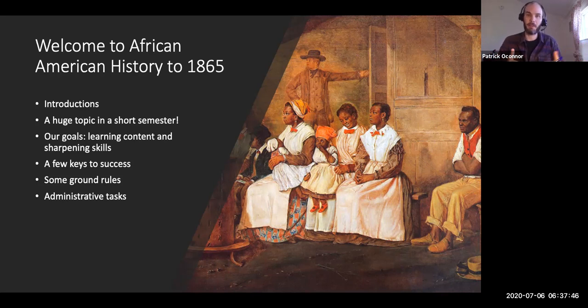And as you'll see, we're going to talk about African American slavery in the North, in places like New England or New York. We're going to talk about the Chesapeake region, right around Maryland and Virginia. And then we're going to talk as well about the Low Country of South Carolina and Georgia. And then as the course moves on, we'll see that American slavery migrated west, particularly after the American Revolution, into the lower Mississippi Valley and even as far west as Texas.